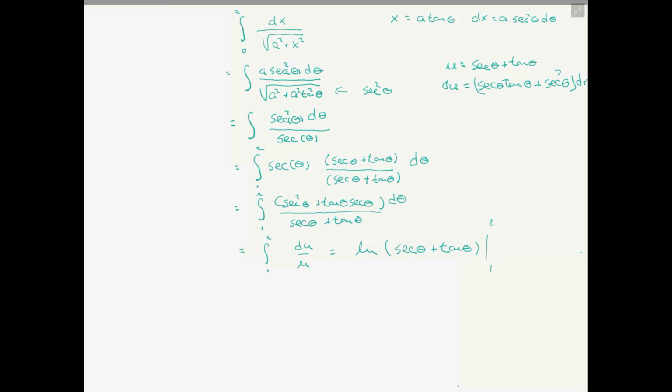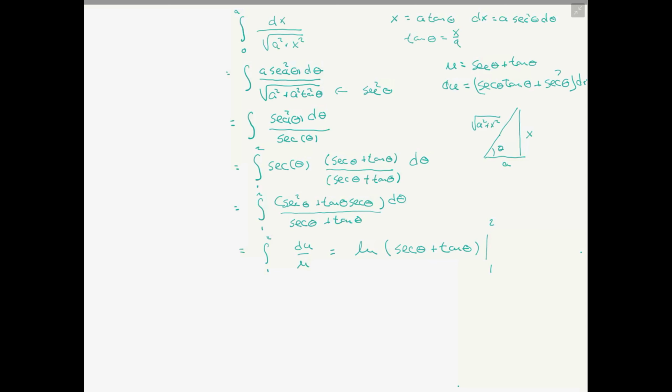But for secant theta, we've got to do a little right triangle trigonometry. Here we know tangent theta equals x on a. So we have x, a, and the square root of a squared plus x squared.